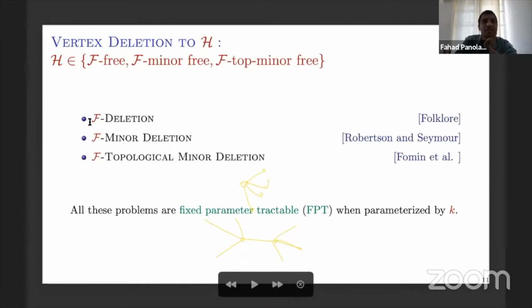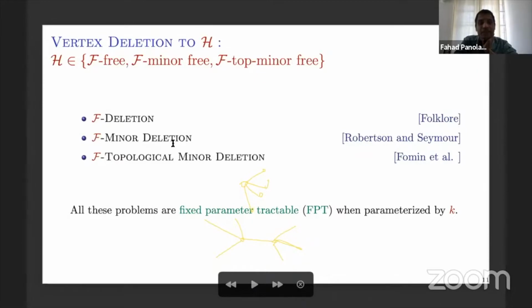Okay, so F deletion, after deleting K vertices, I want the graph to be F free. That problem is called the F deletion problem. And for that, there is a simple branching algorithm which runs in FPT time, and that algorithm we will see, because I want to introduce branching algorithms.